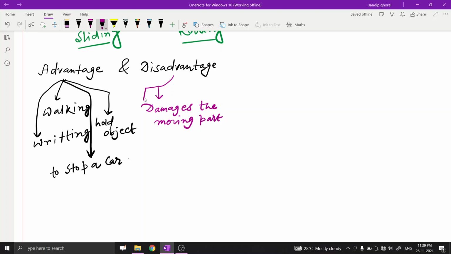The second one is that some energy is lost due to friction.